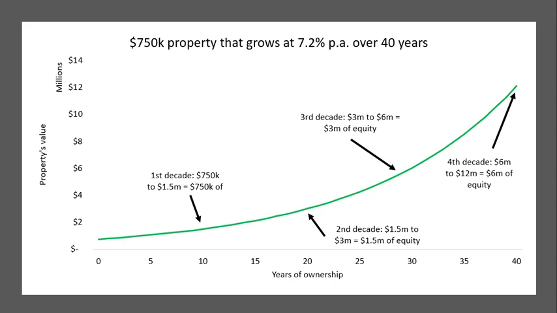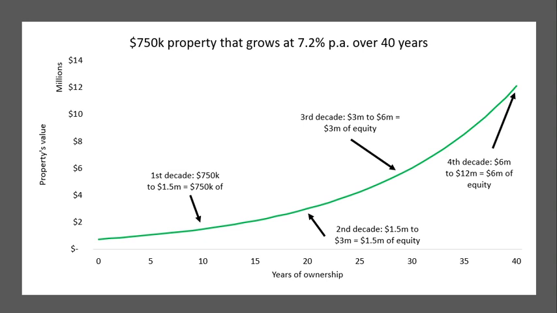So what this chart does is chart a $750,000 property that is growing at 7.2%. Remember, the long-term average across major capital cities is higher than 7.2%. So we're only looking at median growth here. In the first decade, your property's worth $1.5 million. You've got $750,000 of equity.